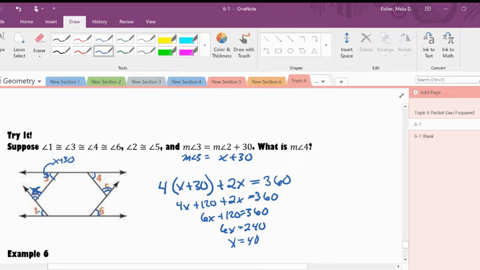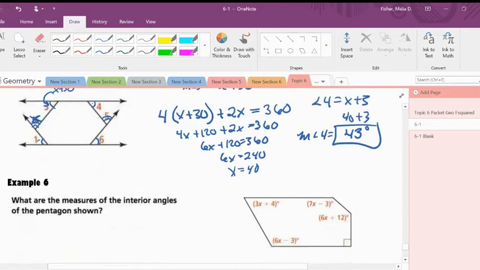We know that angle 4 is x plus 30. So we can plug in 40, and we get that angle 4 equals 43 degrees. The measure of angle 4 is 43 degrees.